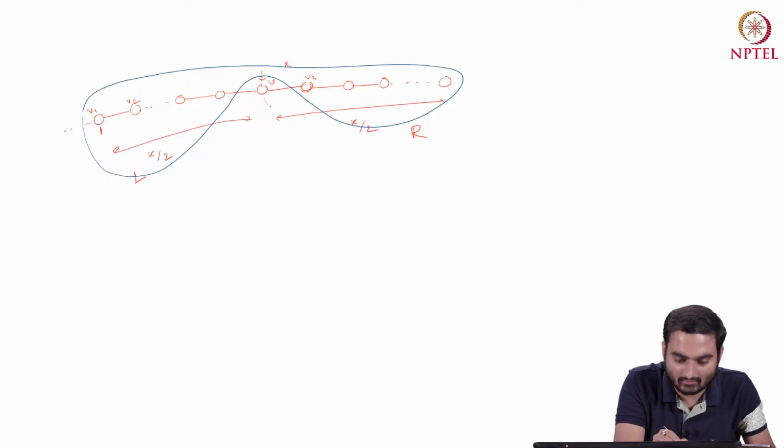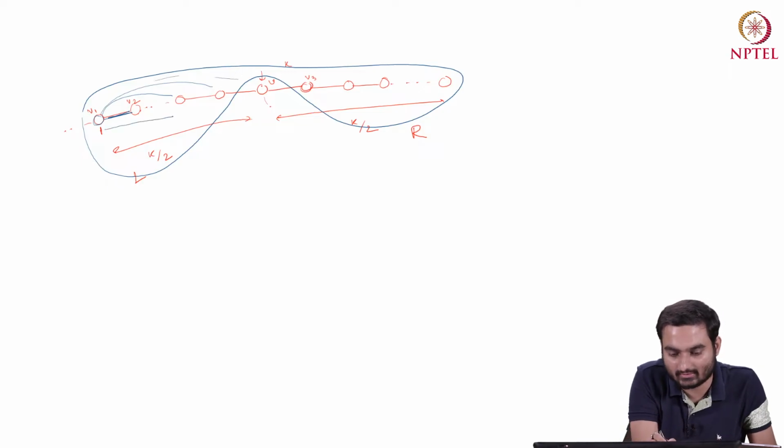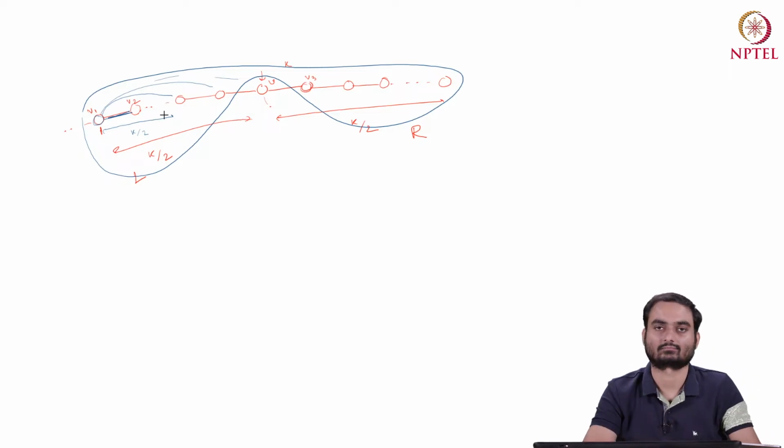Remember that V1 is also connected to this edge. Sorry, not this one. So it is already connected to V2. It will be connected to this one, this one, this one, and so on. So V1 is also connected to k by 2 nodes on the right side.